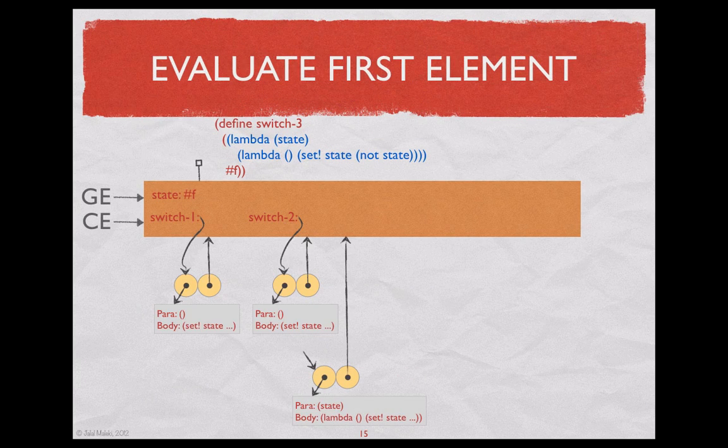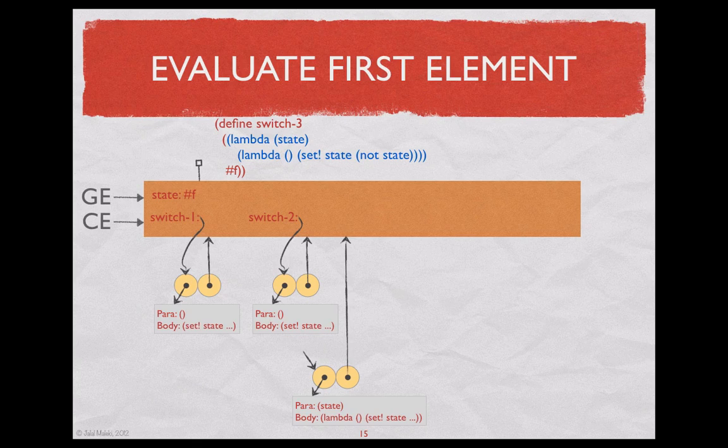So the blue statement is actually evaluated and we get a procedure, because it's a lambda expression. The body of the procedure and the parameters are stored somewhere, pointed to by this procedural object you see lower down on the page.